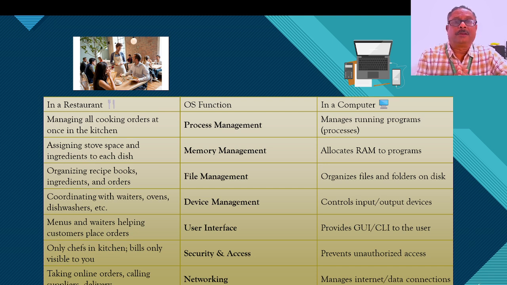So that's all about the various components of the operating systems and their equivalent analogy in a restaurant. From the next session onwards, we jump into various activities and details about the operating systems, and please keep watching.